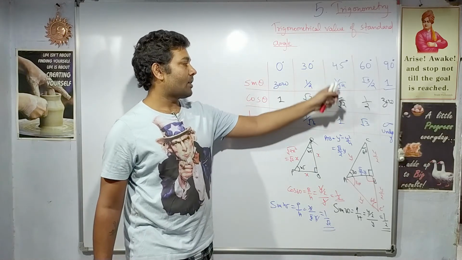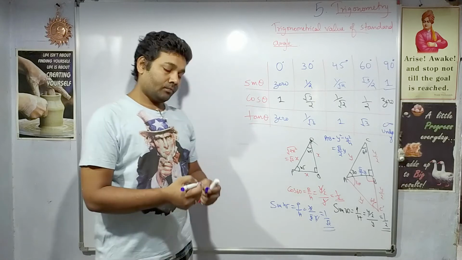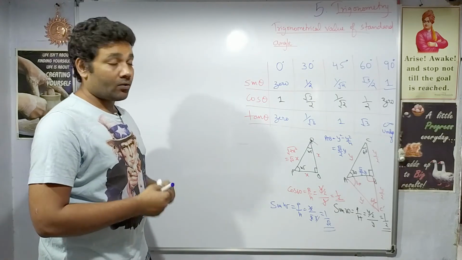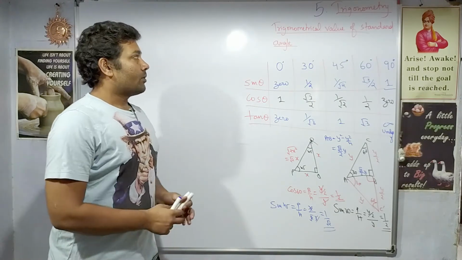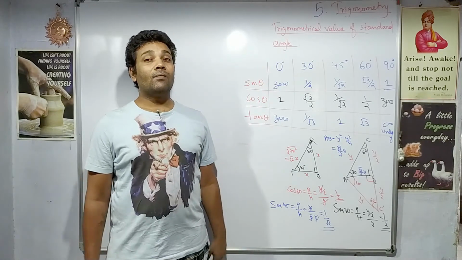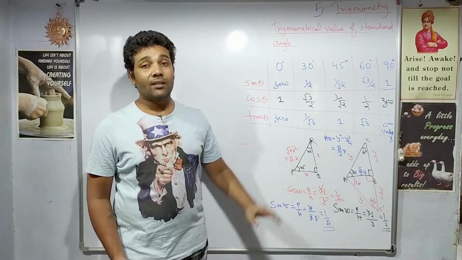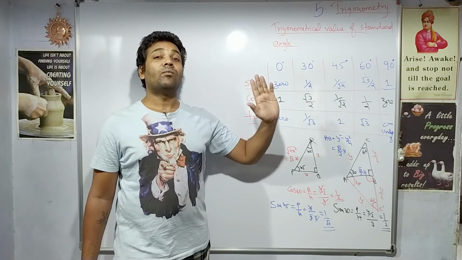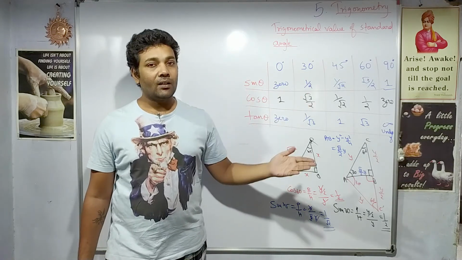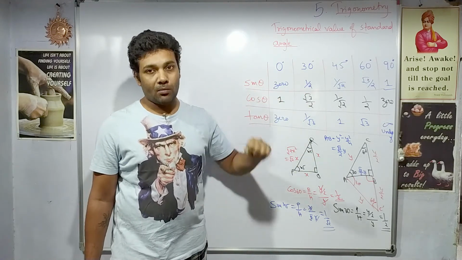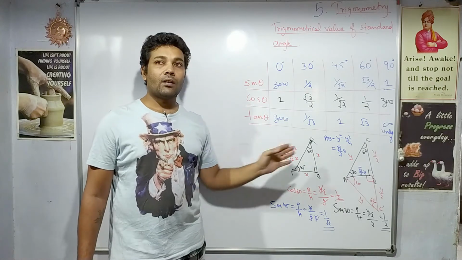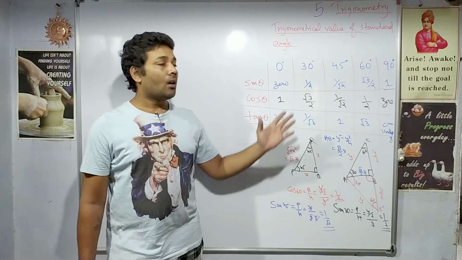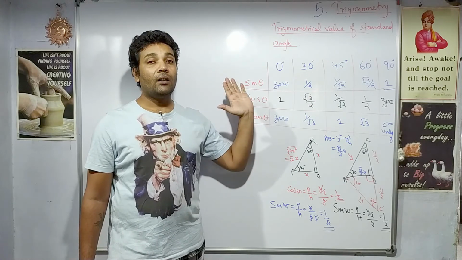Sine 45 is 1 by root 2. Simple, right? Magic? No magic, it's science. So that is how we have got the trigonometrical values at some standard angles. These are very helpful in solving very complex problems. As we do questions, you will understand more and more how these values are applied.